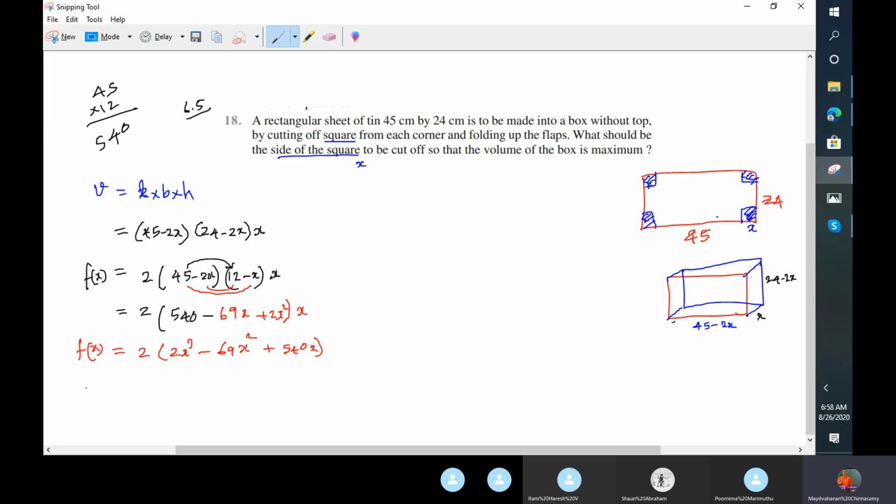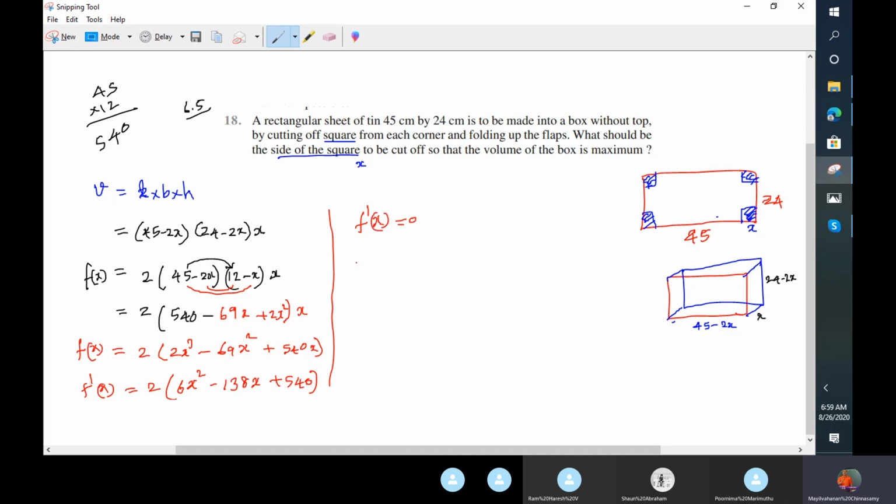Now the derivative, f dash of x. When you differentiate, 3 2s are 6x square, minus 2 into 69, that is 138 x. The power of x will reduce, and the derivative of 540x is 540. To find the critical point, put f dash of x equal to 0.